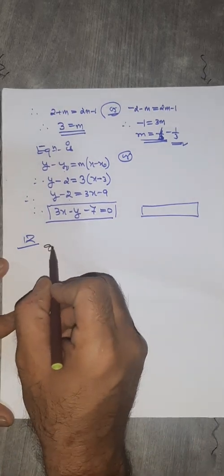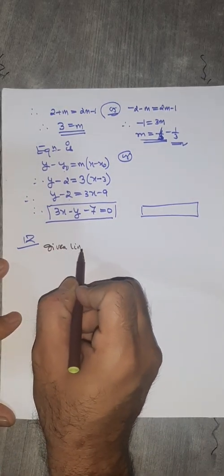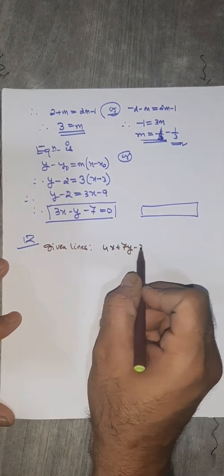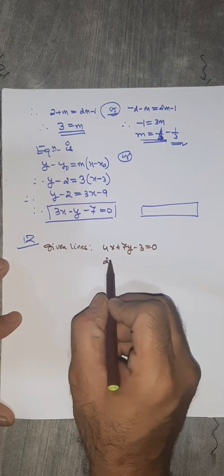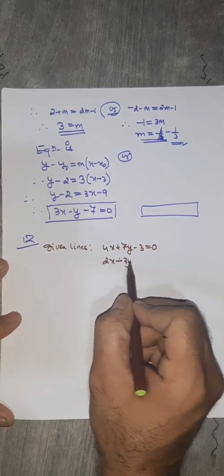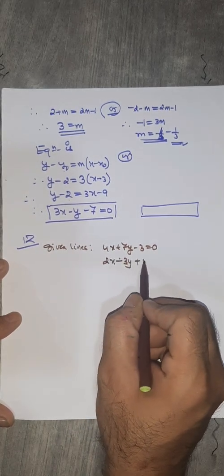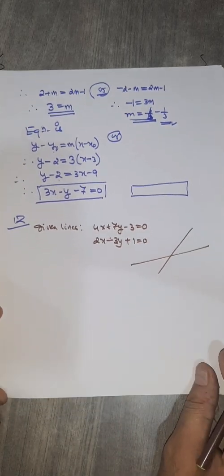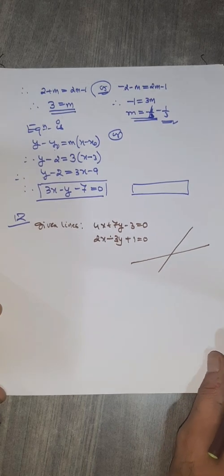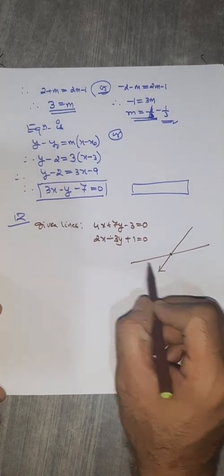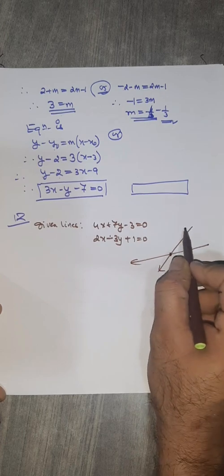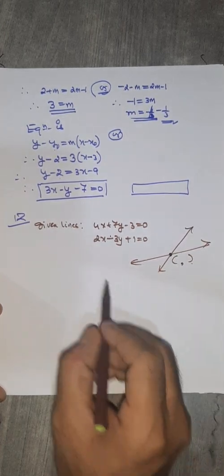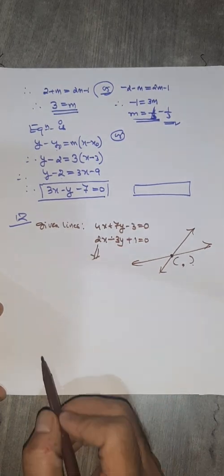The given lines are 4x plus 7y minus 3 equals 0, and 2x minus 3y plus 1 equals 0. We want the intersection of these two lines, so we need to solve these two equations to get the intersection point, and that becomes our (x0, y0).